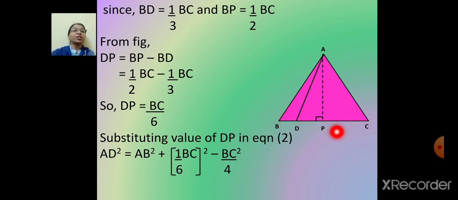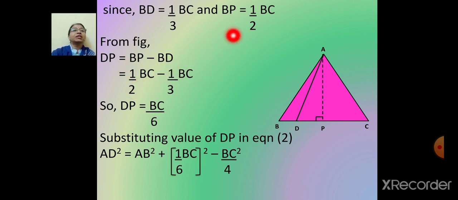Now see, from the diagram this DP can be written as BP minus BD, isn't it? Why this DP? Because this is there in equation number 2 and we want its replacement. So DP is equal to BP minus BD.